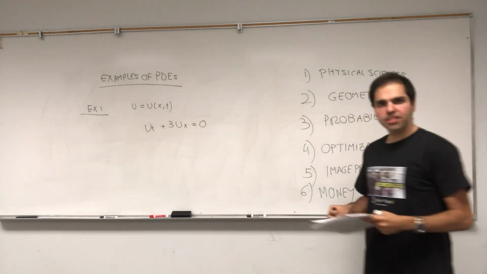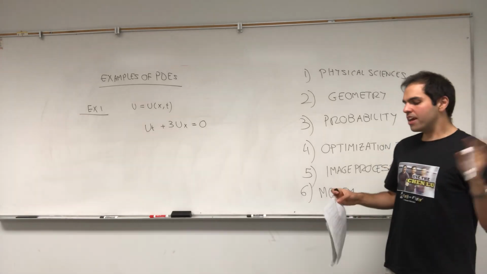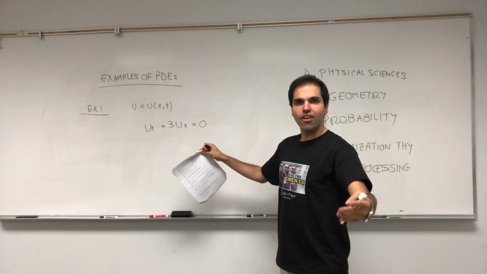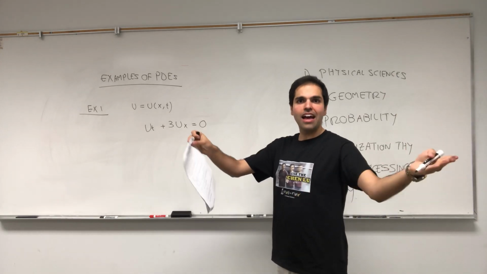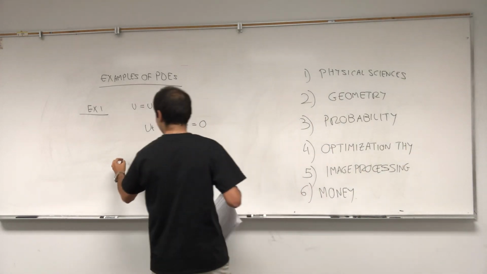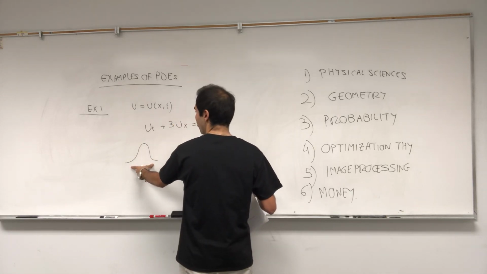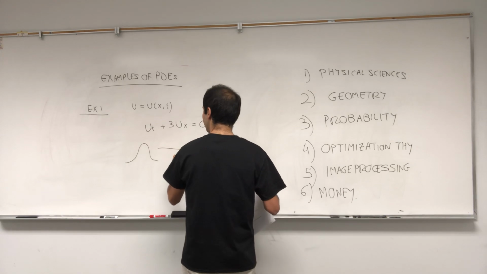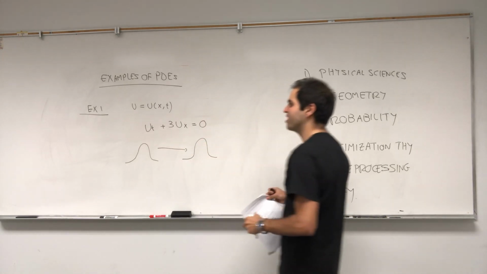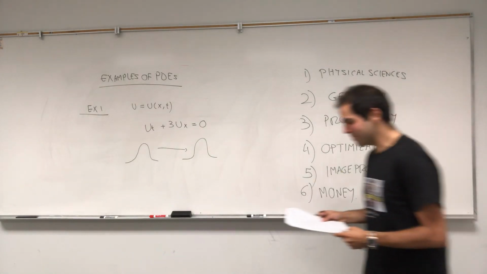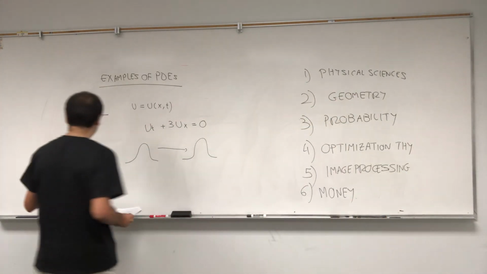It's called the transport equation because it measures how the density of a function changes as it gets transported. In fact, the solutions look like this: you start with some profile u, and then after some time, the profile just gets shifted by 3 units. So how cool is that? So it is a transport equation.